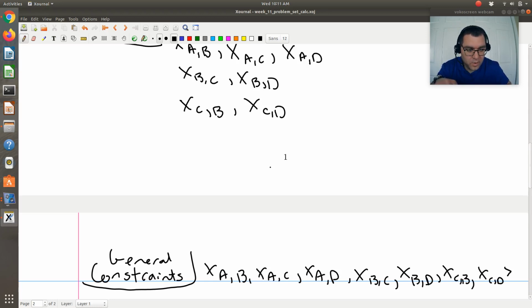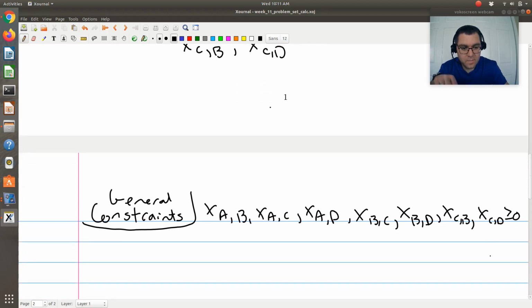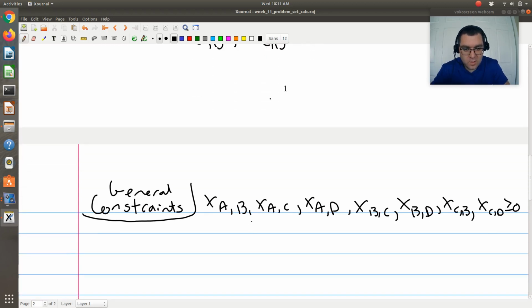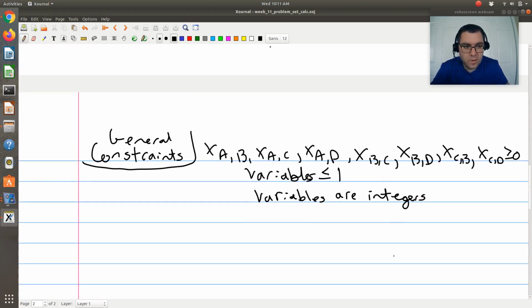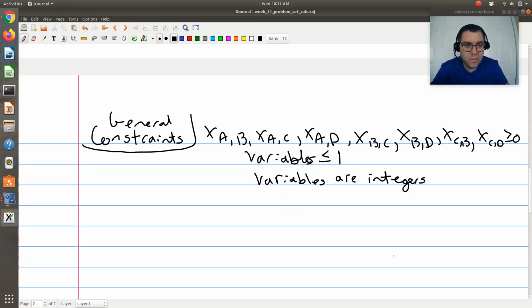They're all going to be greater than or equal to 0, our non-negativity constraint, less than or equal to 1, and all of our variables are integers. So there's our constraint that our variables are all 0 or 1.